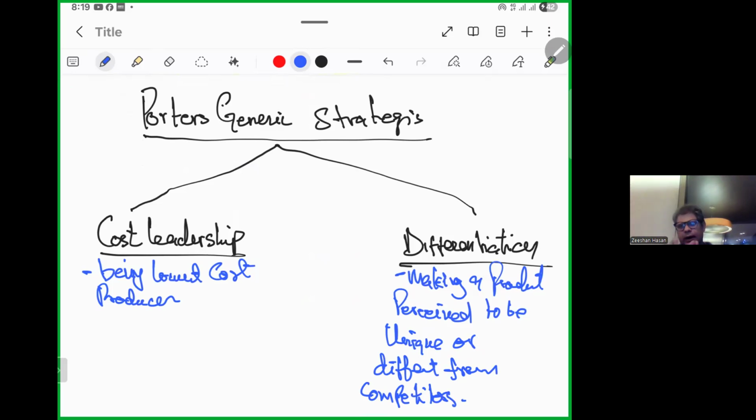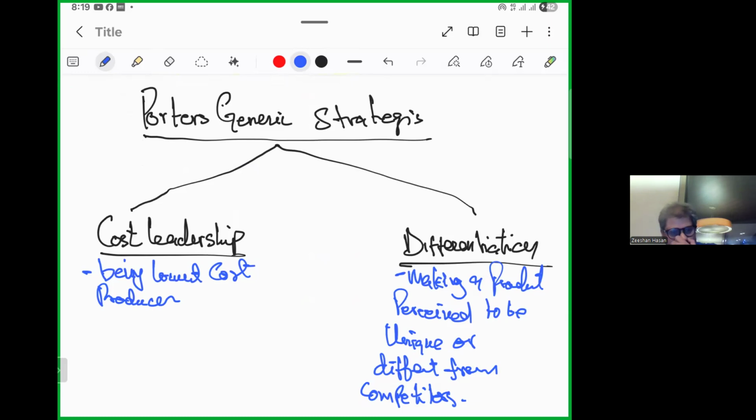For example, Samsung does produce cell phones which are foldable and have stylus pens with them, whereas Apple has not been able to do that till now. So it's a unique product in its own sense. And that's the differentiation. And for this, they can charge a premium or a higher price from their customers, right?